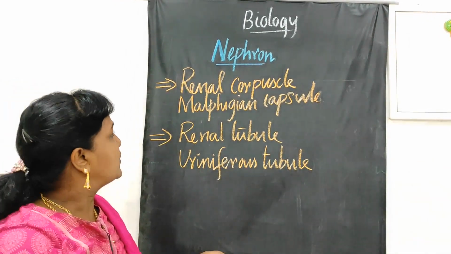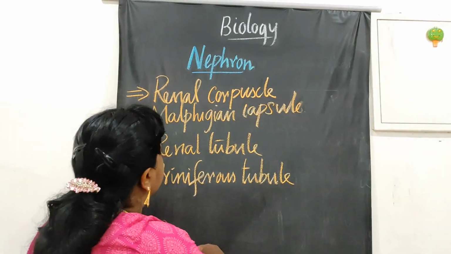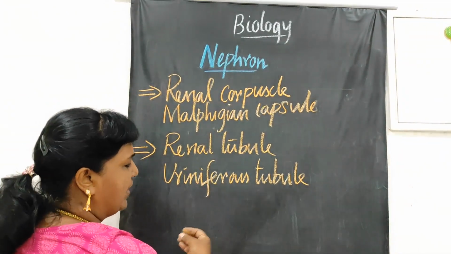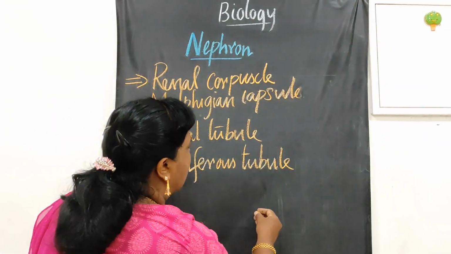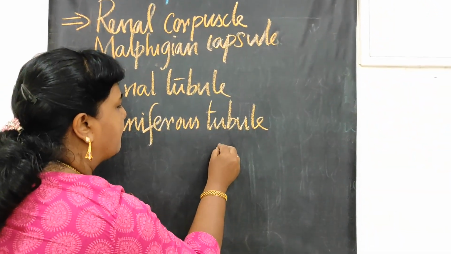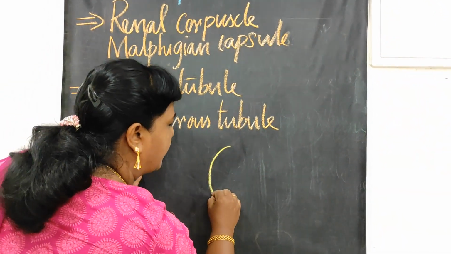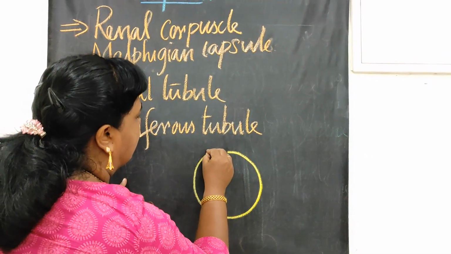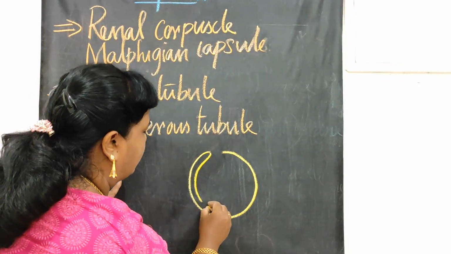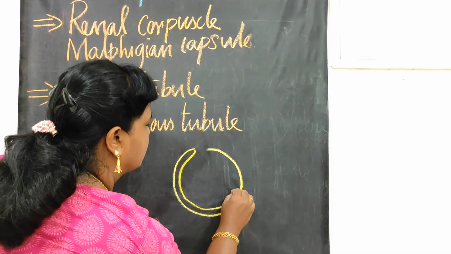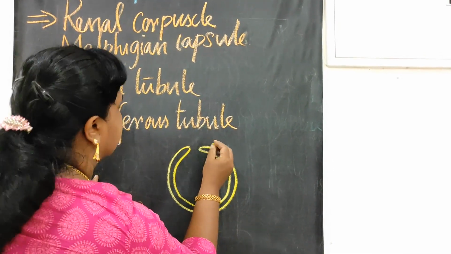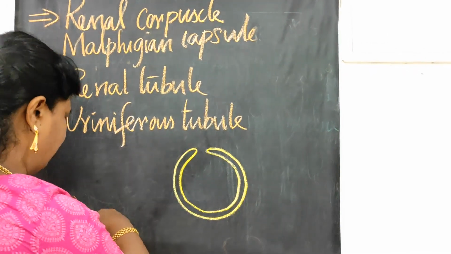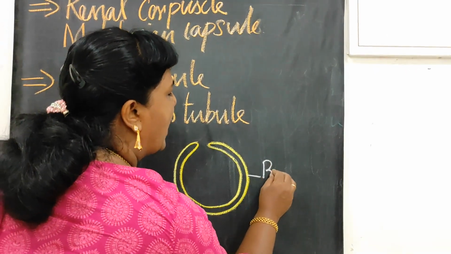Now when you are taking the structure of this nephron, you see this renal corpuscle or Malpighian capsule consists of a cup-shaped structure called Bowman's capsule.